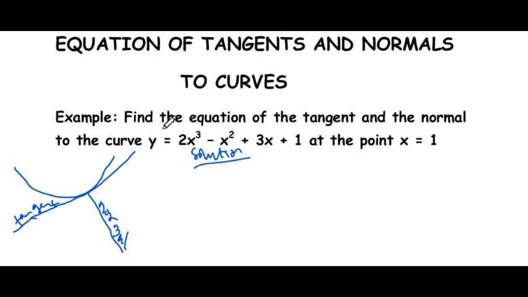Now the equation of a tangent is given by y minus y1 is equal to m open bracket x minus x1, where m is the gradient.